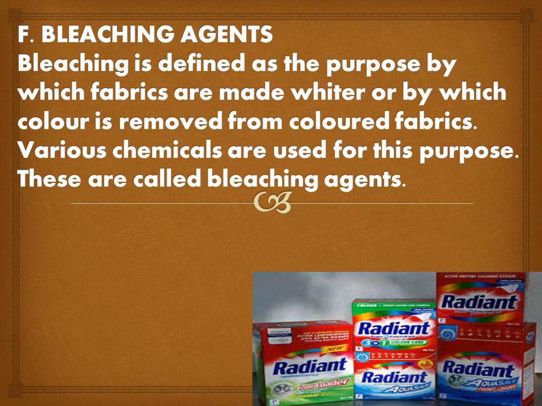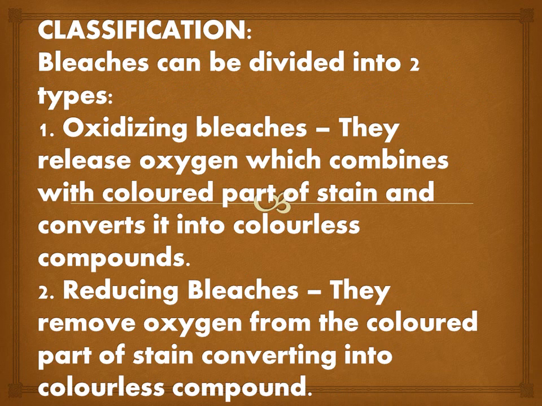Next we come to bleaching agents. Bleaching is defined as the process by which fabrics are made whiter or by which color is removed from colored fabrics. Various chemicals are used for this purpose. These are called bleaching agents. Bleaches can be classified into two types: oxidizing bleaches and reducing bleaches.